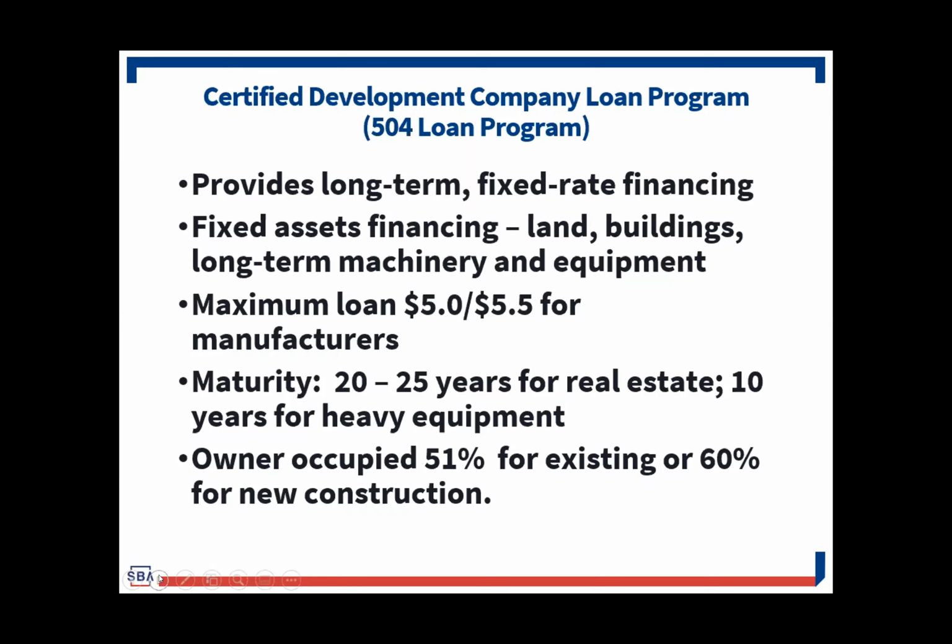If you are a manufacturer, we can guarantee a loan up to $5.5 million for manufacturers. If you're in another industry, the maximum loan is $5 million. The maturity is generally 20 to 25 years for real estate and 10 years for heavy equipment. And as I mentioned, it's for owner-occupied real estate.